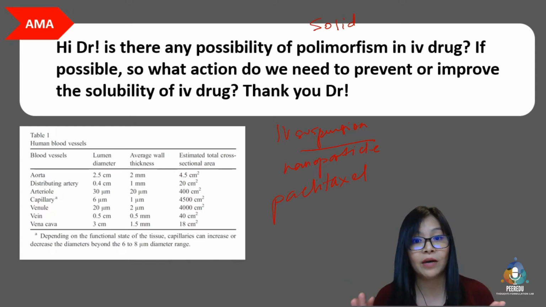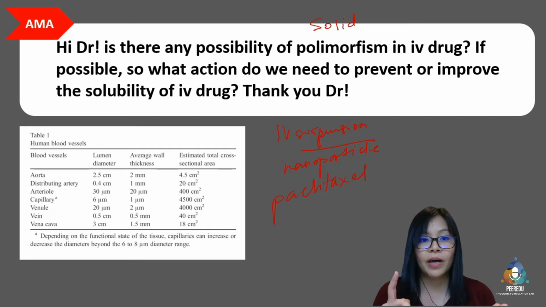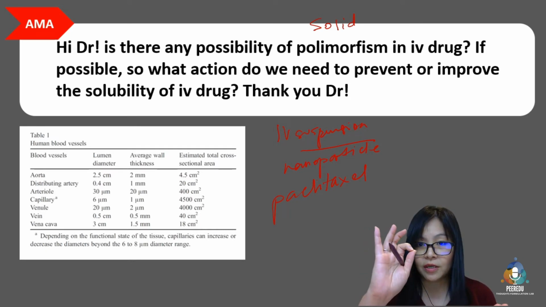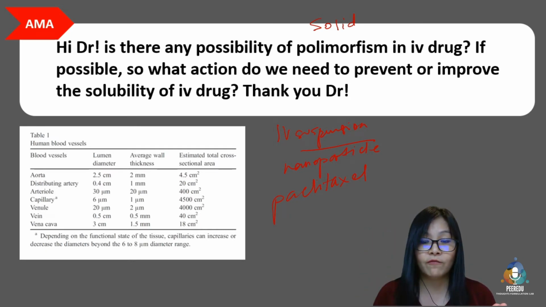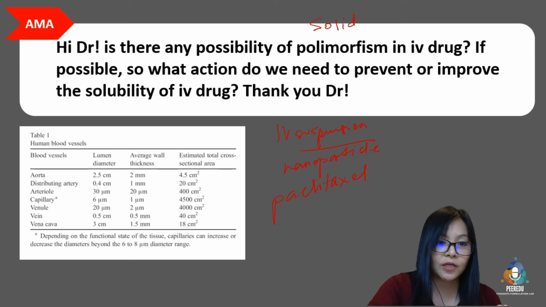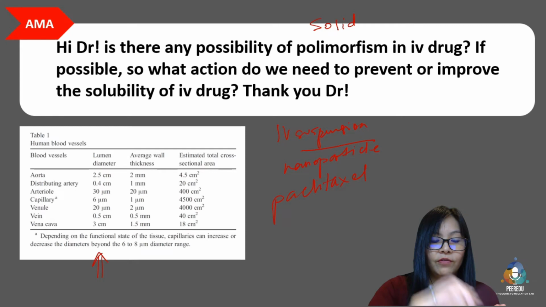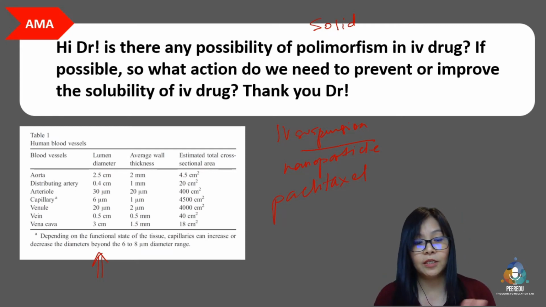Those are some of the benefits of IV suspensions. But you have to bear in mind the diameter of the lumen that you are going to inject for this IV suspension. So here I attached Table 1 for your reference. This paper is talking about these IV suspensions.